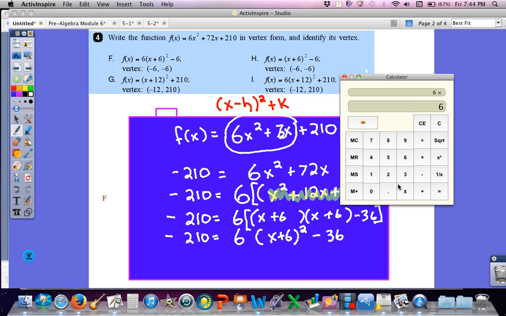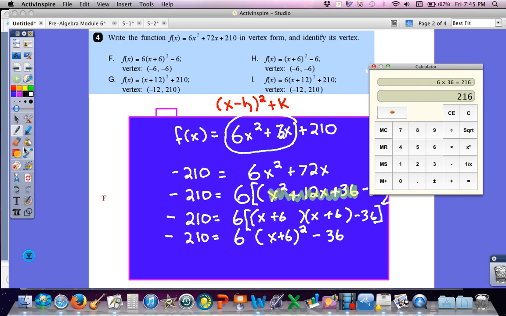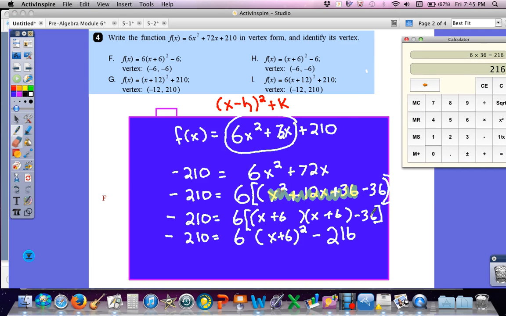So 6 times 36, and this is going to be negative 216. Okay, so basically this was in the bracket, that 6 was being multiplied by all of that. I want to separate it out because I need to bring this 210 back over. Okay, so I did the 36 times 6.